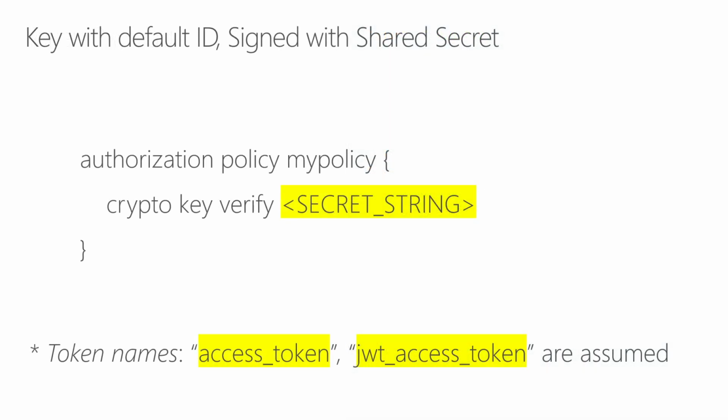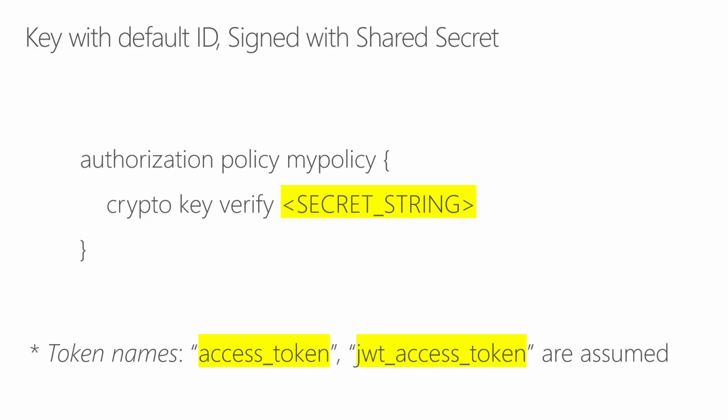All right, so let's go. Remember how in the beginning we spoke about crypto key directives. The crypto key directive basically configures this: in order for you to validate a signature, you need to have a key that is capable of verifying the signature. For shared key verification, you can specify crypto key verify, and you specify that secret string that you use.